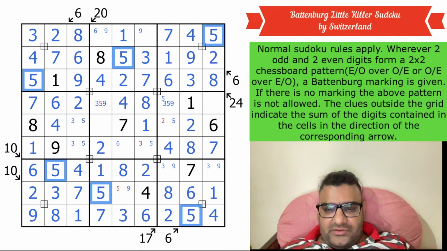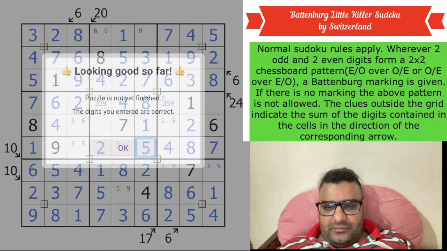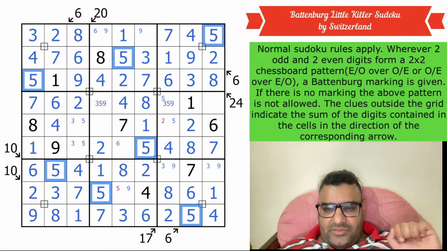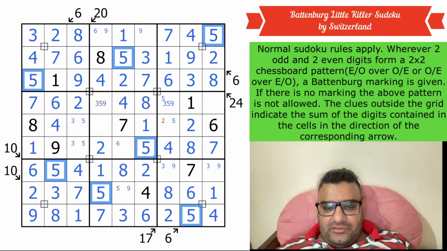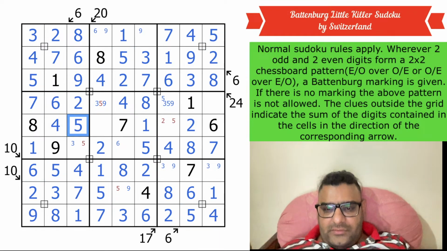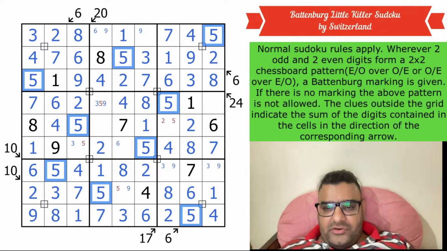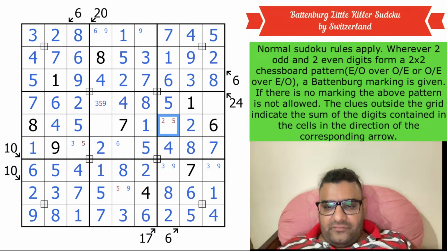So this is going to be a 5. If I check 5 again, 5 is here, and it is right. So neither 5, neither 2.